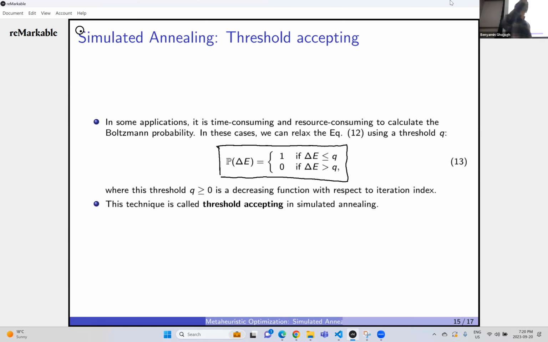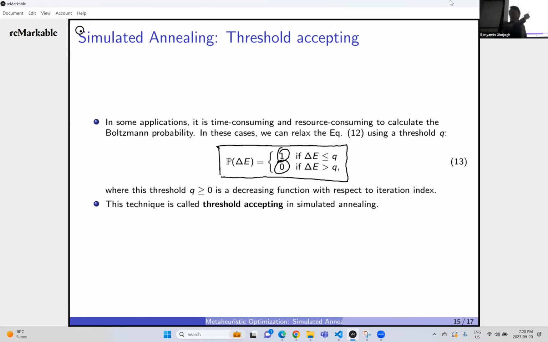Therefore, I can compare delta E with some positive number Q. If delta E is negative, I definitely accept it. If it is positive but less than Q, I still accept that. But if it is greater than Q, I reject it.